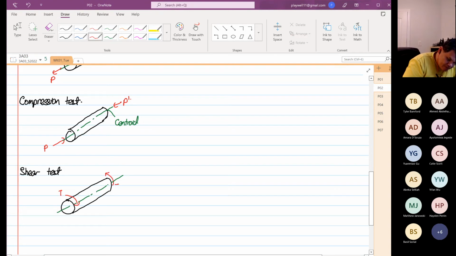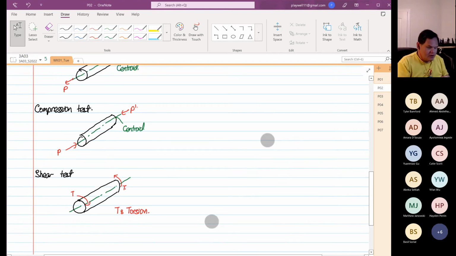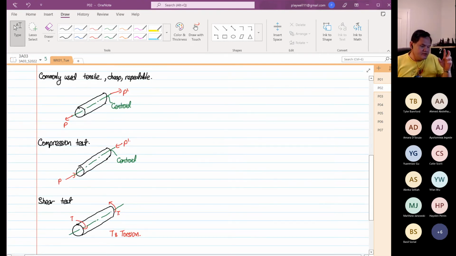So this is T. T represents torsion. So you either do them in tensile, compression, or in shear. You don't combine them. Combining them, the setup gets more complicated and it's more difficult to do. So these are the most commonly used ones, and the most popular one because it's cheap and has good repeatability is the tensile test.